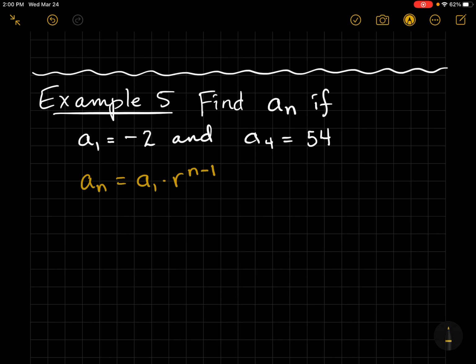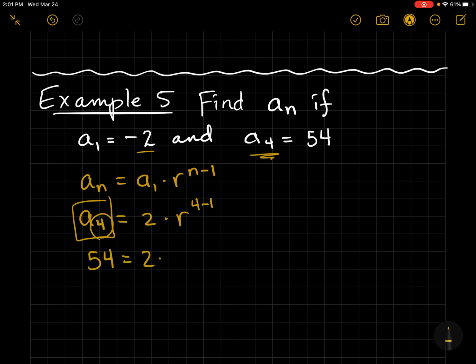And let's plug in what we know. Well, a sub 4 is where I want to start with the bigger term. A sub 1 I already know is 2. The ratio I don't know. N is 4. As a matter of fact, we know a sub 4 is 54. I'm going to substitute that in there.